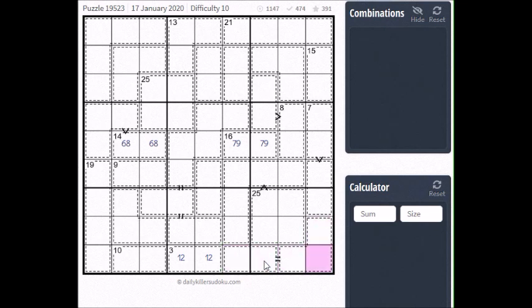If this is 14, then the remainder would be 6 with a maximum of 5 here, which is accepted.